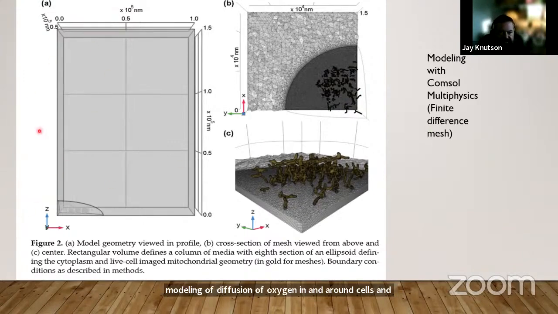And this is the unit cell that he developed, and he threw mitochondria in a typical pattern inside this model cell, which was about 25 micron. And he just made the unit cell take up a quarter of it for computational space, and used symmetry repeating around the other 3 panels.